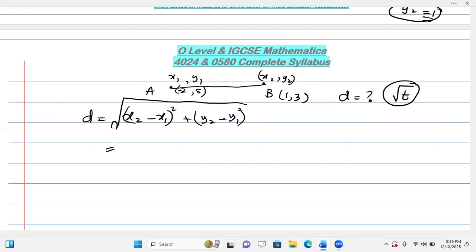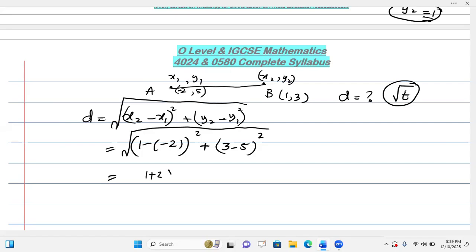So x2 minus x1 is 1 minus (-2), squared, plus y2 minus y1, 3 minus 5, whole square, under the square root. You are getting (1 plus 2) whole square plus (3 minus 5), that is (-2), whole square, under the square root.